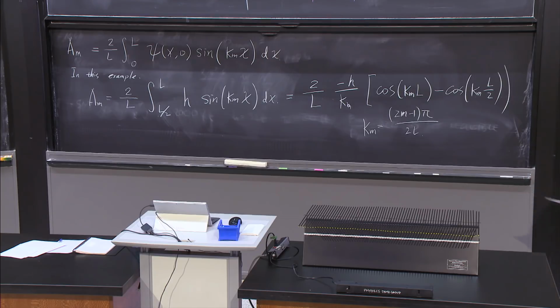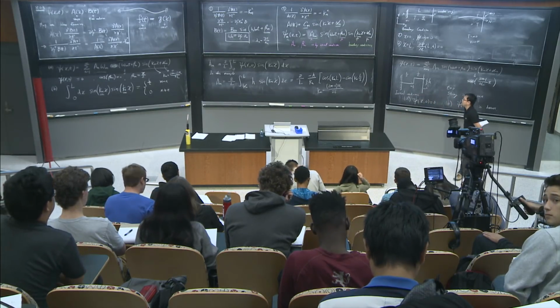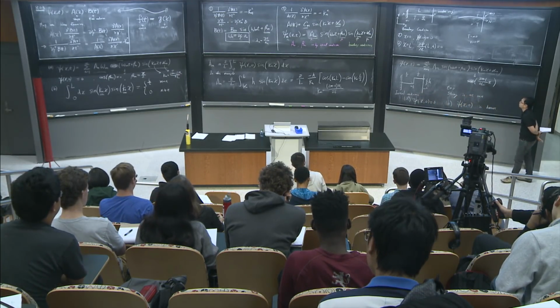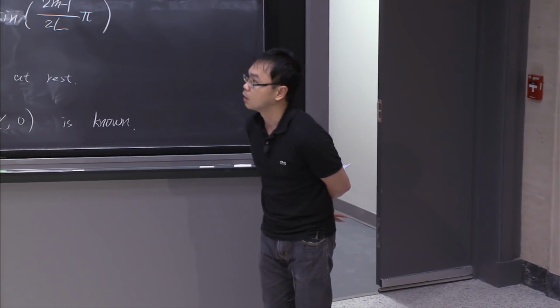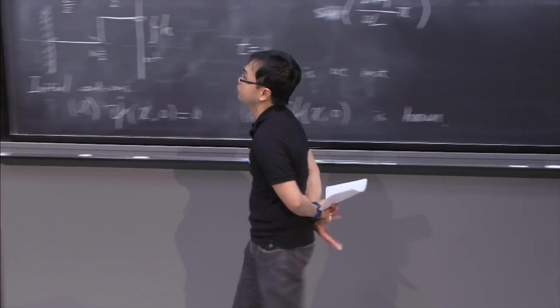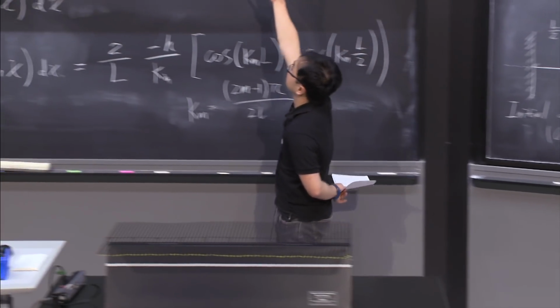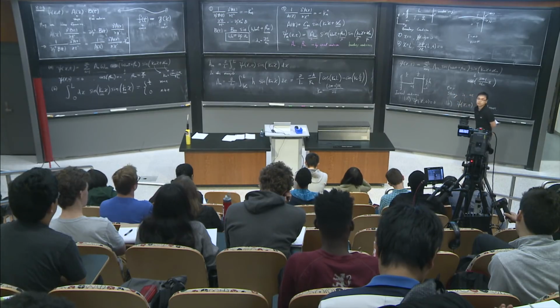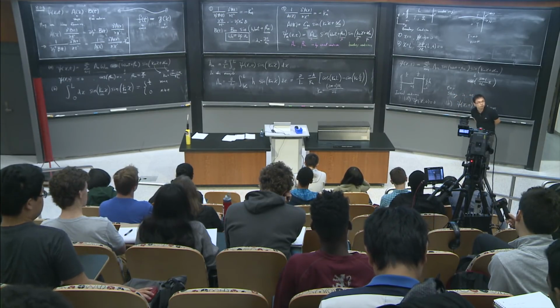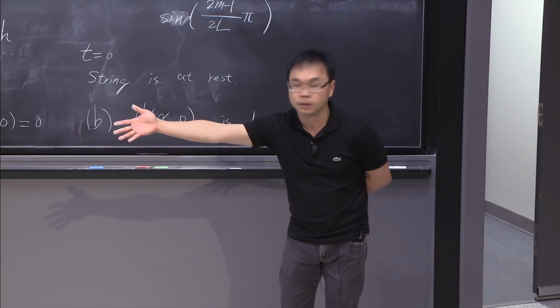Okay, so I hope this actually helps you to understand the procedure to determine all those unknown coefficients starting from this equation. A_m and beta_m can be determined by initial conditions, as we actually show here.